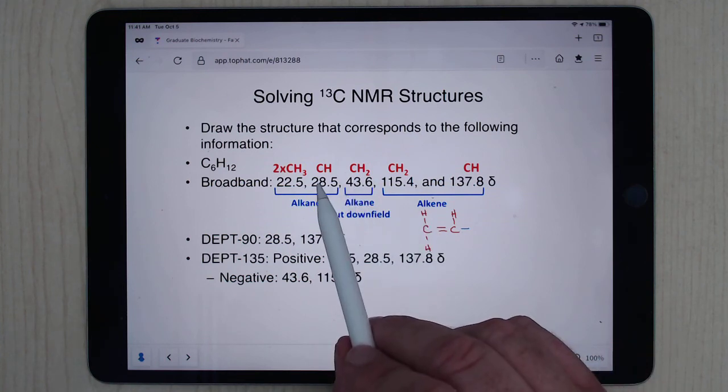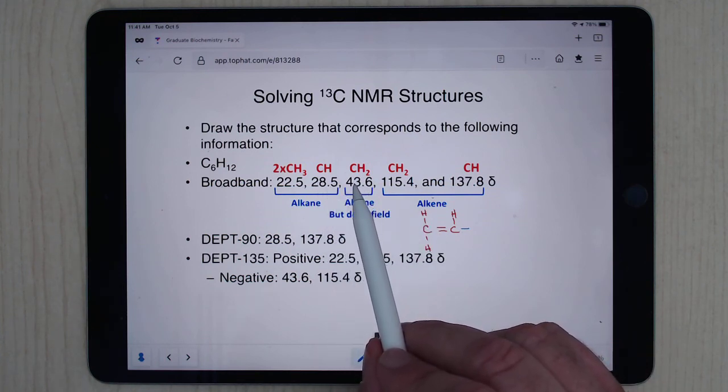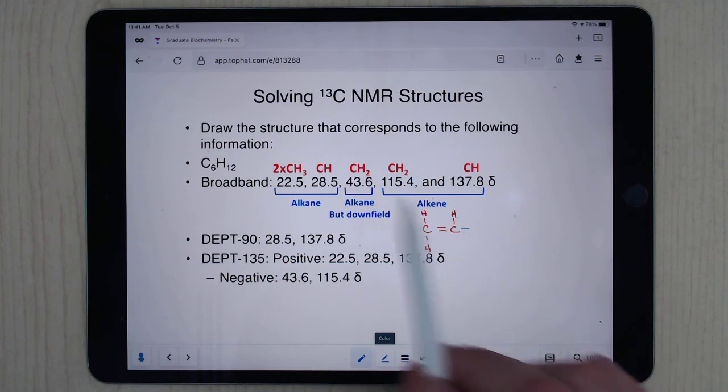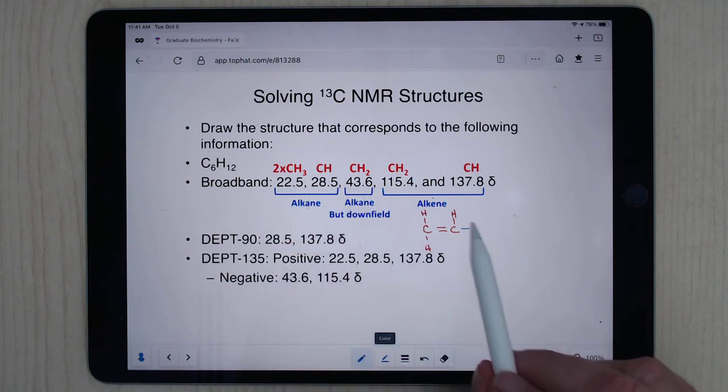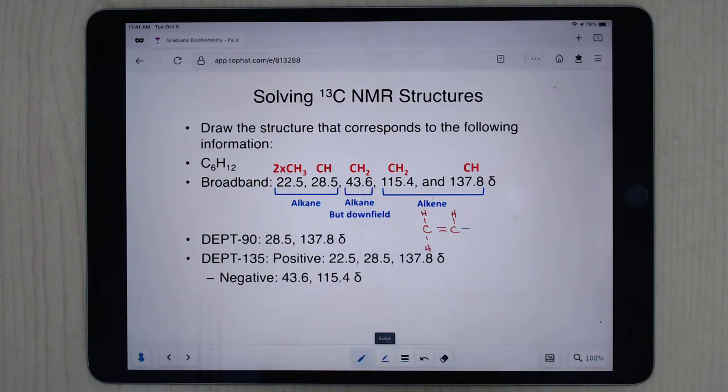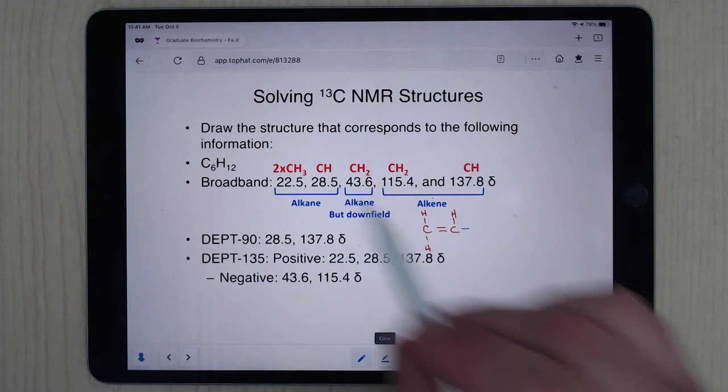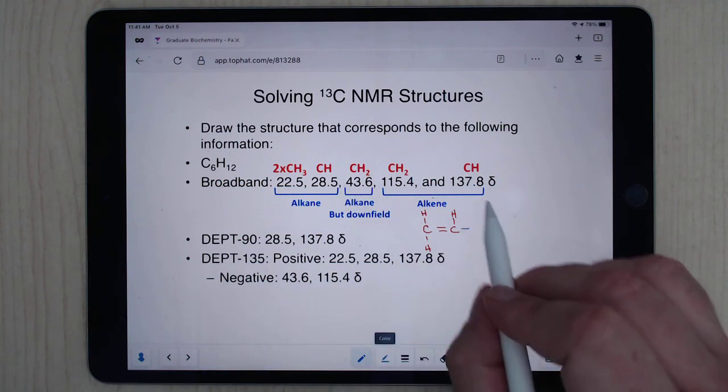So the rest of these 4 carbons must be hanging off of here, and they have to be in a line, right? Because we've already burned our one DOU to make the alkene, we can't have a weird ring or anything else like that because we don't have enough DOUs. So there's a couple of different ways we could try this.